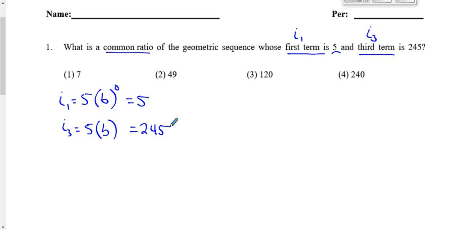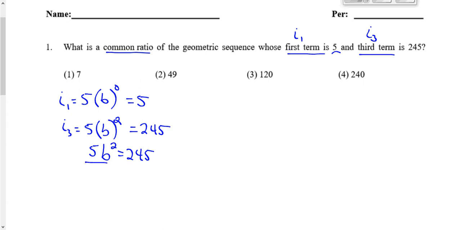N minus 1, right? 3 minus 1. 2. We have an equation we can solve now for b, the multiple. See what I did there? 5b squared equals 245. How do I solve that, guys?